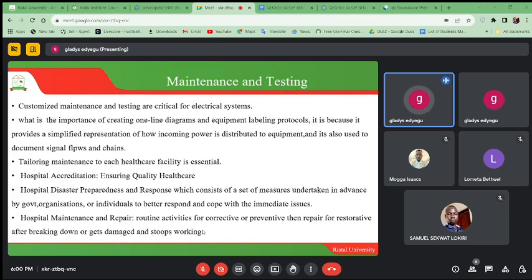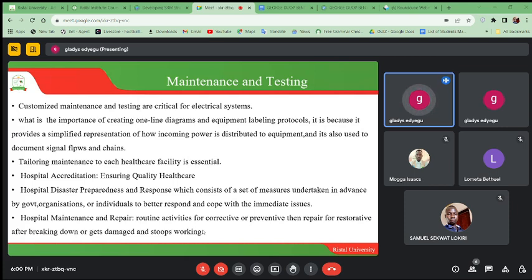It supports us when we are installing these electric appliances or equipment, because we need to follow the right channels, the codes and the regulations, and when they come for hospital accreditation, they have to look at all that.